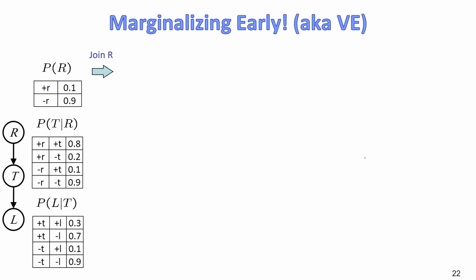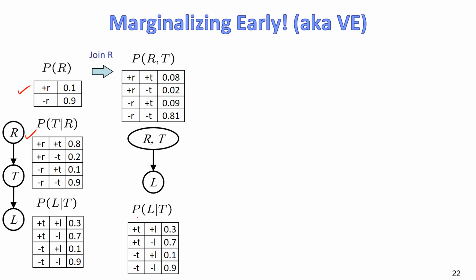So here we will join on R. Remember, whenever we join on a variable, we get the factors that involve it. Where are the factors that involve R here? This one and this one. But this one doesn't, so we will keep it as it is, and then we join these two and we get this one, R and T.